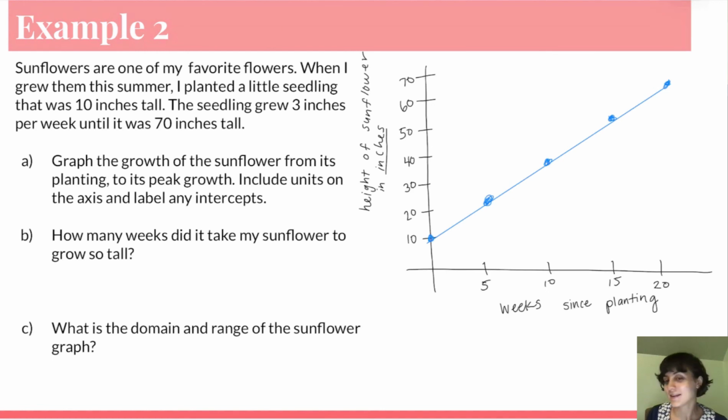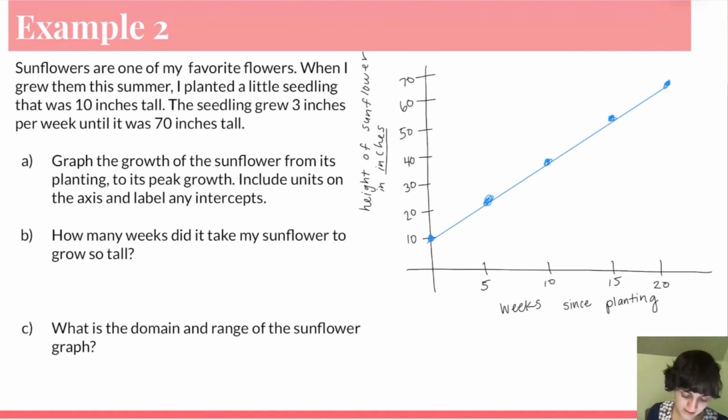Okay, here's my graph. Yours does not have to look exactly like mine. Maybe you used different units to show yours. I know that it's kind of hard if we don't have graph paper to estimate where the points are gonna go. So I'm already looking at mine and I see it's not quite perfect.